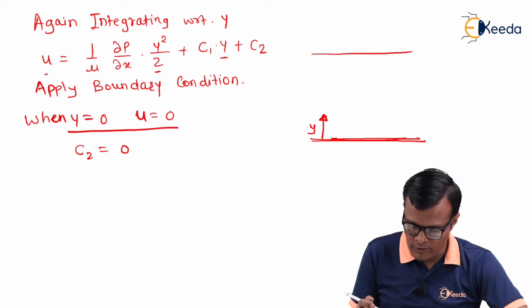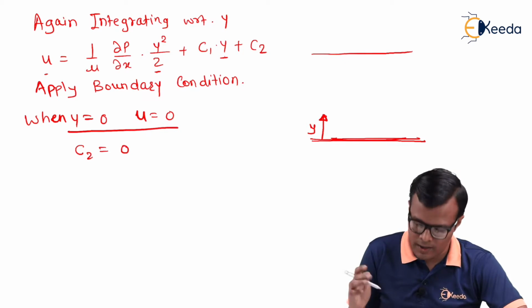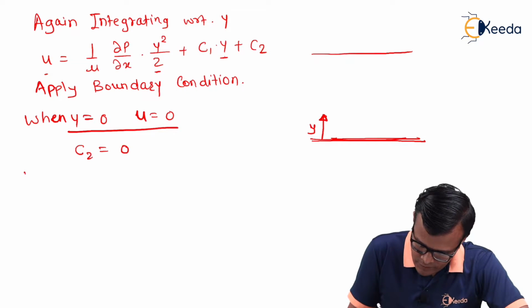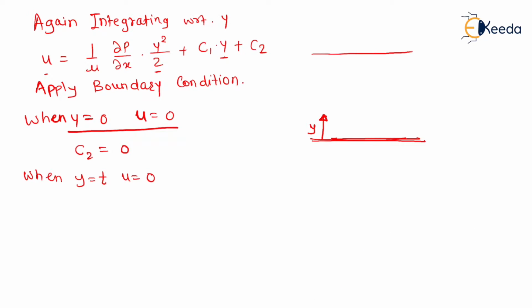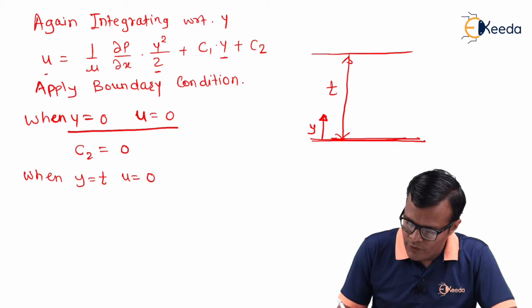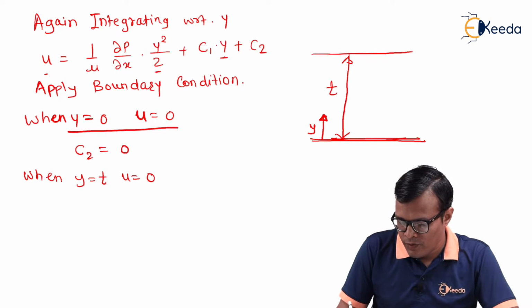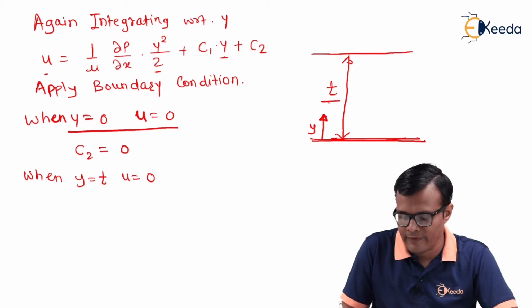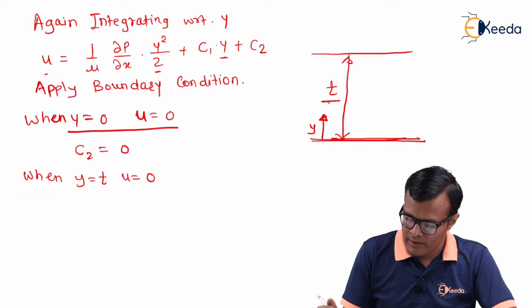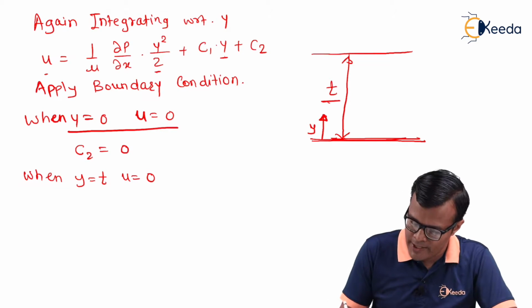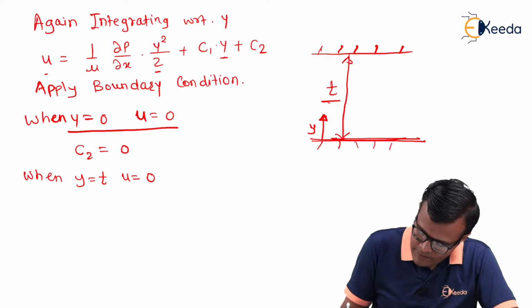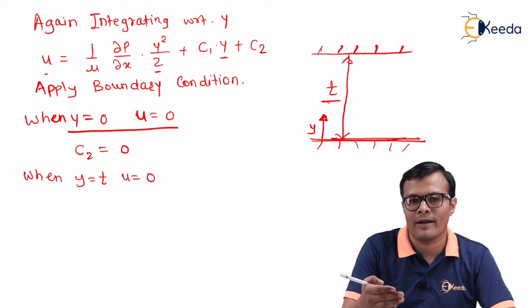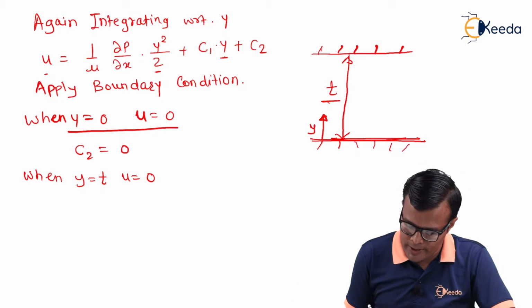To find out the value of this constant c1, we have to put another boundary condition: when y equal to t, u equal to 0. So when the value of y reaches t, where t is nothing but the thickness of the gap or distance between two stationary plates, then it is also clear that for the other plate, having the no slip condition, u will be equal to 0.